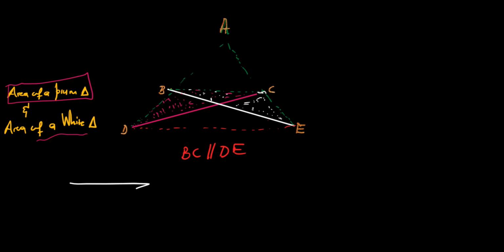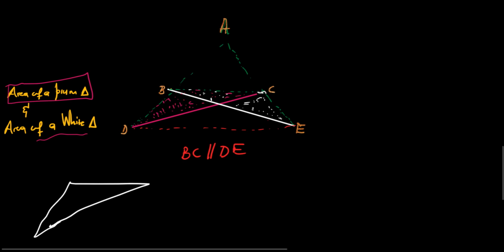So these areas that I'm talking about are for this triangle looking like that, and the triangle looking like this.